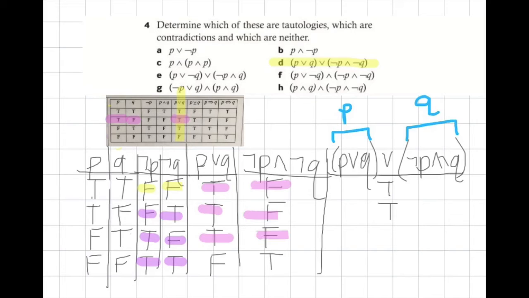True, false again is true. And false, true is true. Okay, so my final statement is true, true, true, true. Therefore, this is a tautology.